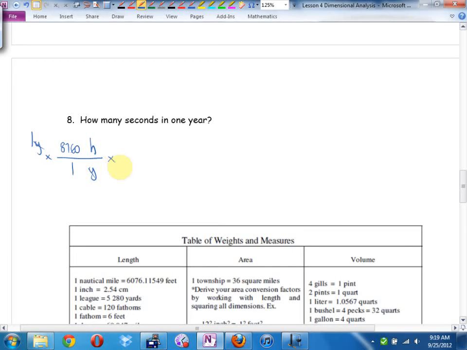Times. Do you know how many seconds in an hour? Now, I told you 3,600, but let's go like this. Hours to minutes. And we can get rid of minutes by going to seconds.